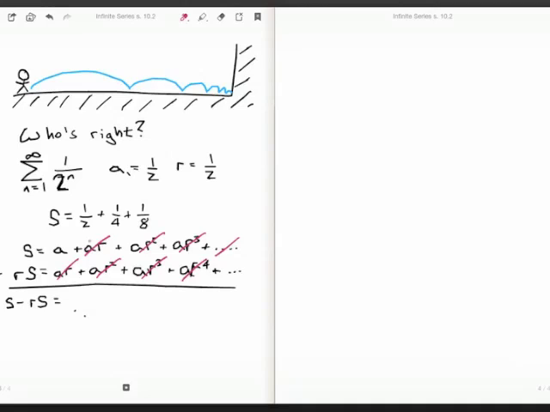So all we really have left here is a sub 1, the original one. Well, that's kind of cool.